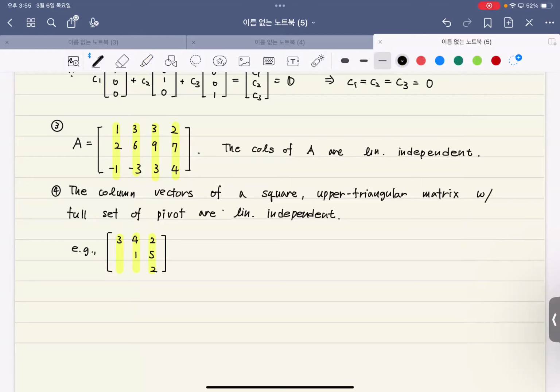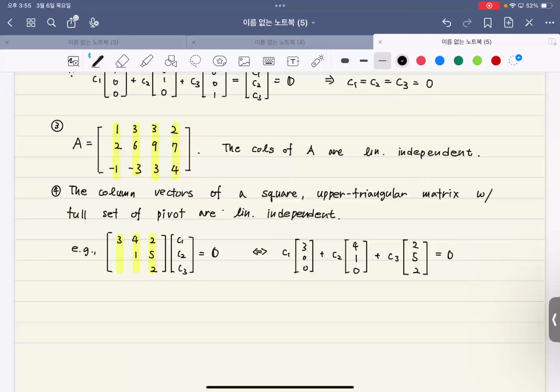Consider C1 times 3, 0, 0, plus C2 times 4, 1, 0, plus C3 times 2, 5, 2, equals 0. Right?